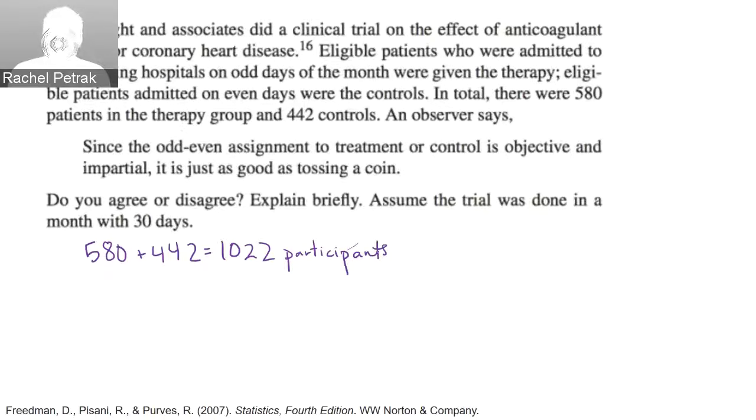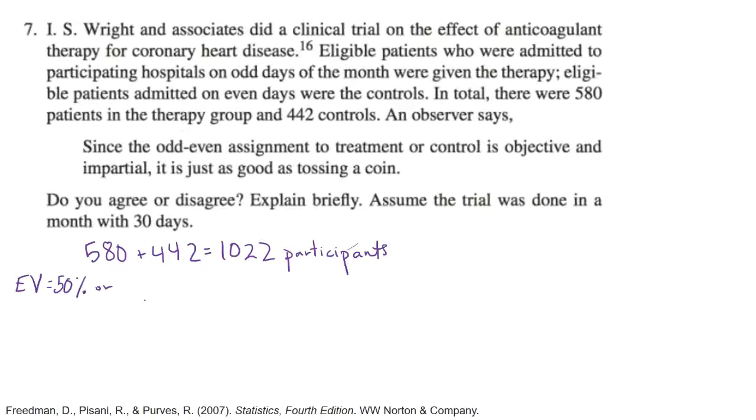And with a coin, the expected number in the control group would be 50% of this. So our expected value is equal to 50%, or in number terms, 511.